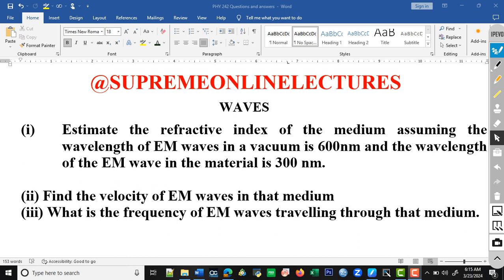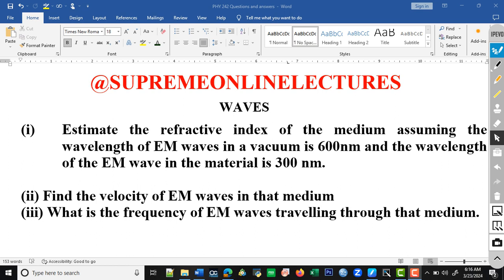Looking at this question, we can see that it is talking about electromagnetic waves, and we should know that all electromagnetic waves travel at a particular speed, which is the speed of light, with the value of 3 times 10 to the power 8 meters per second.